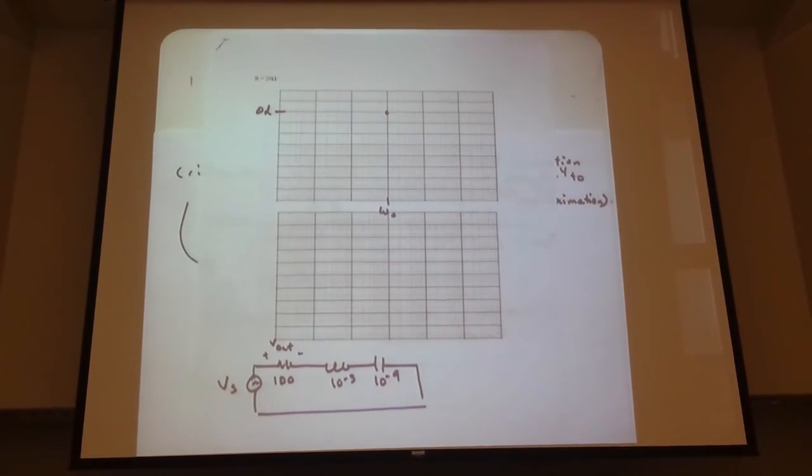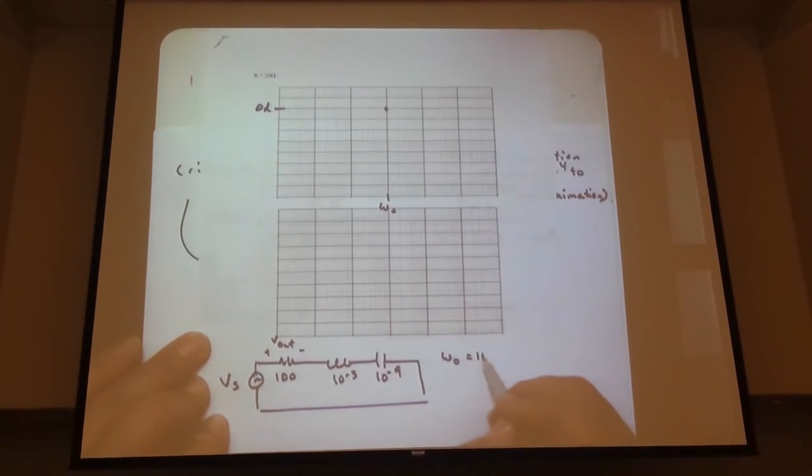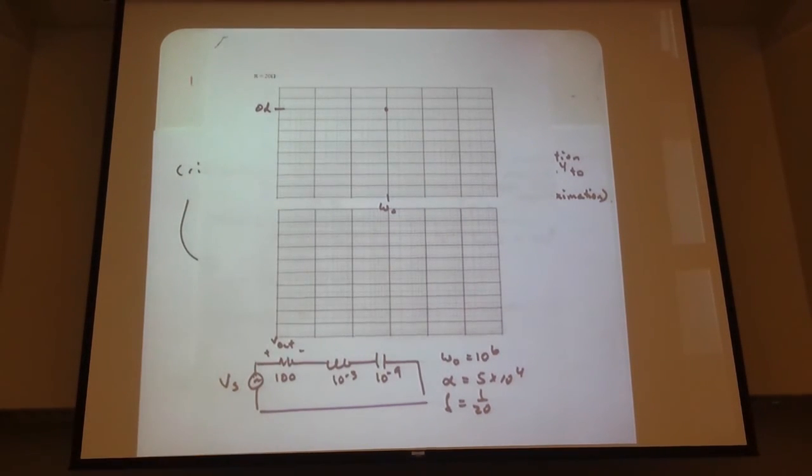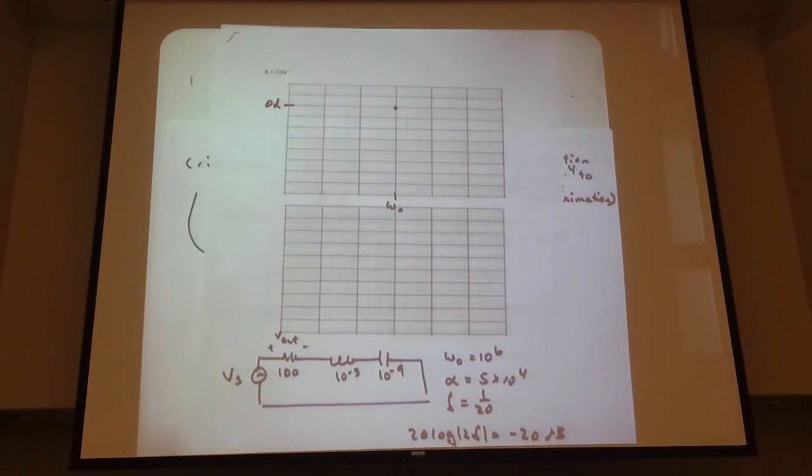Well, we go back. Omega naught is 10 to the 6, alpha is 5 times 10 to the 4, damping ratio of 1 over 20. And so what's 20 log of 2 times the damping ratio? Well, that's minus 20 dB. That's the vertex of our straight line approximation.